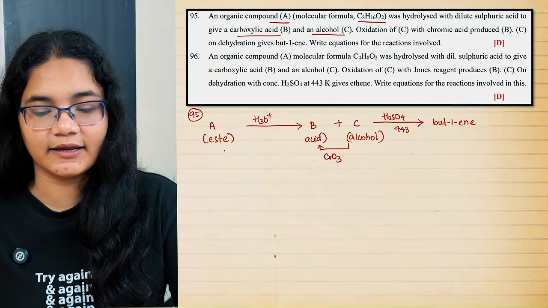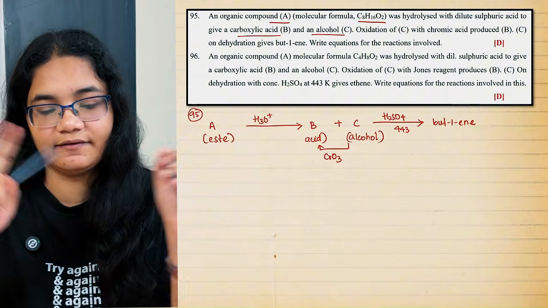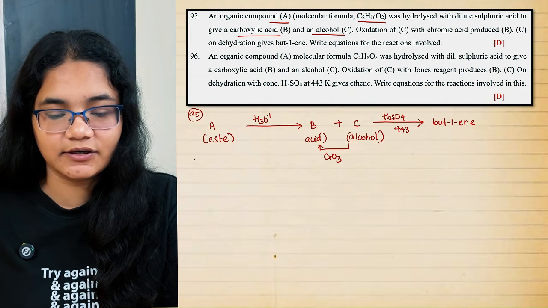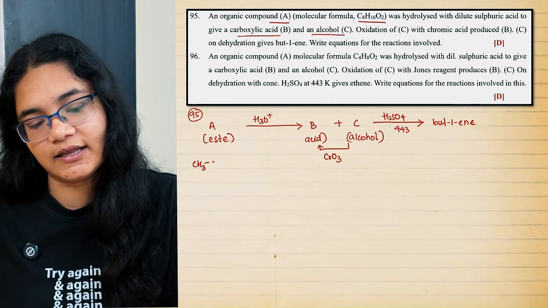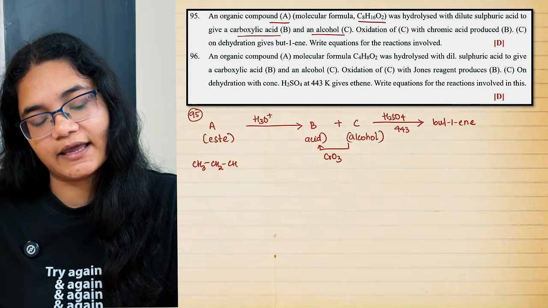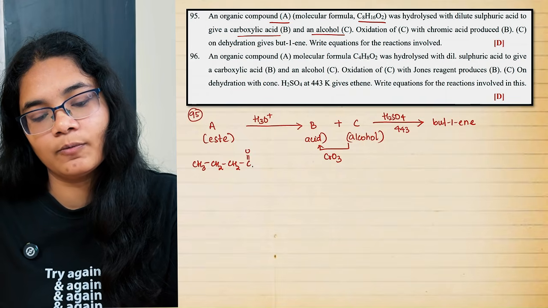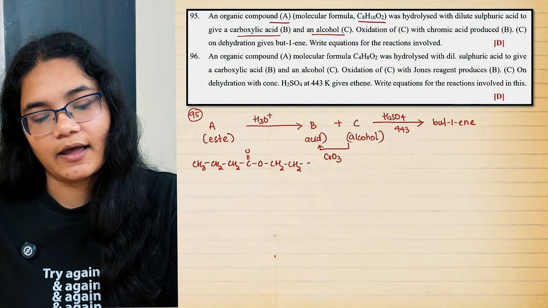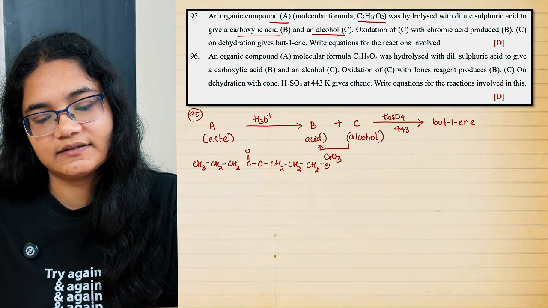So this ester I can easily get because you can see that C is giving you B. That means the number of carbon in B and C is same. So this is an ester of CH3CH2CH2C=O, O, then I have CH2CH2CH2 and then CH3.